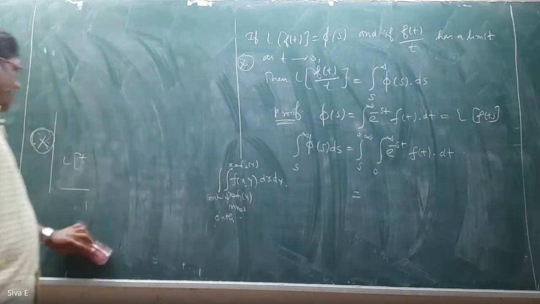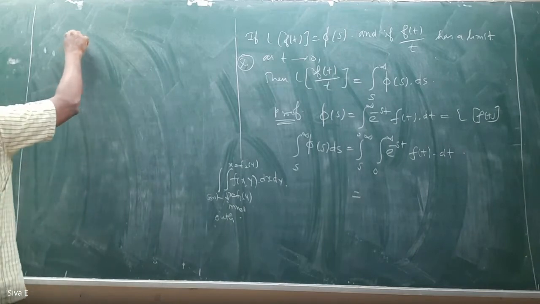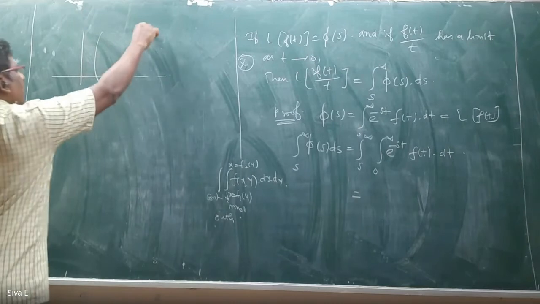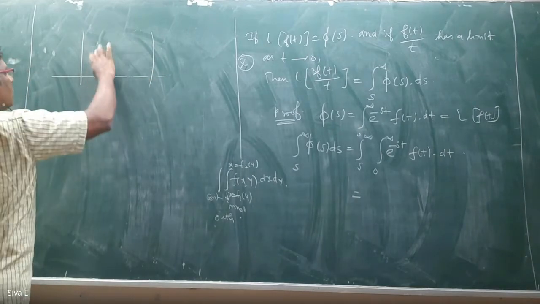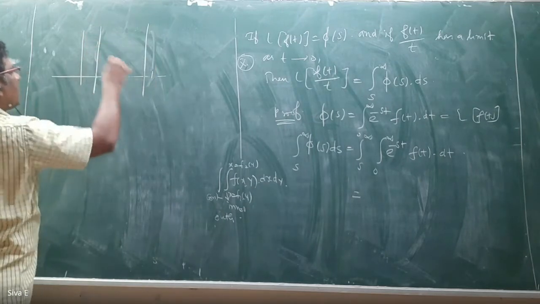Because, listen, it's a very simple concept for the multiple integral. Actually, what is the multiple integration concept? To get the area of the region. Sometimes two straight lines may be given.